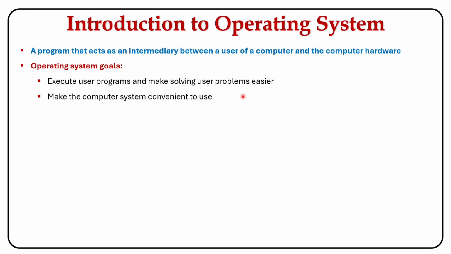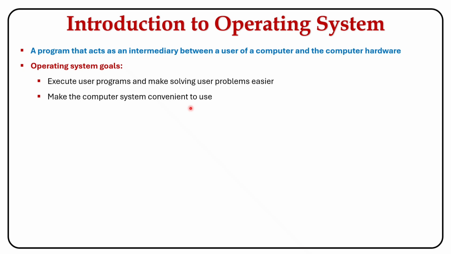The second goal is to make the computer system convenient to use. Here, users do not need to know how the hardware works internally. Instead, they simply click icons, type commands, or touch the screen, and the operating system handles all the complex tasks in the background.